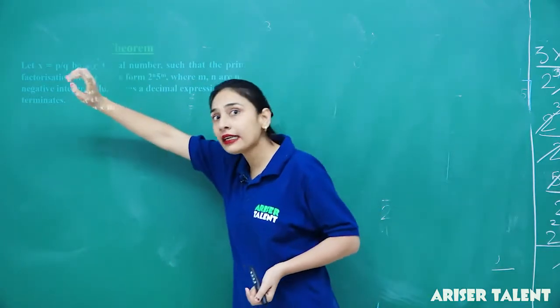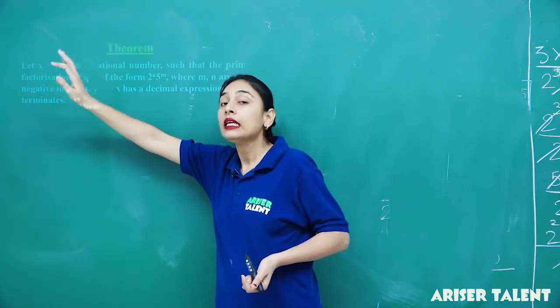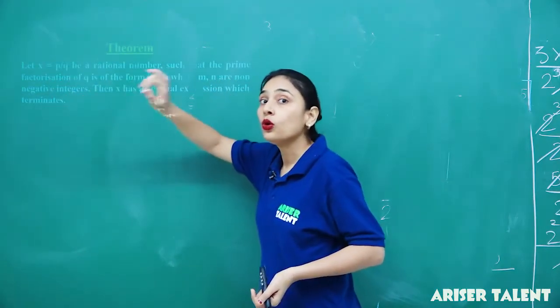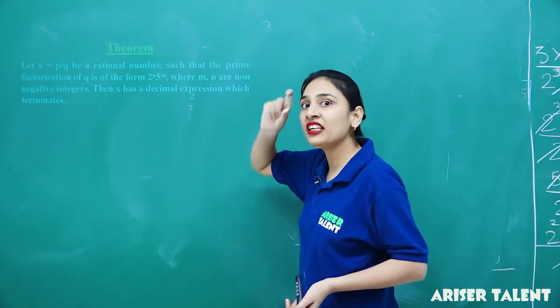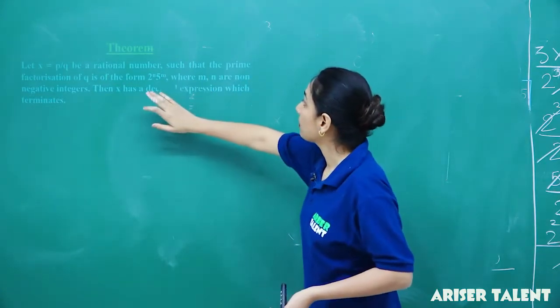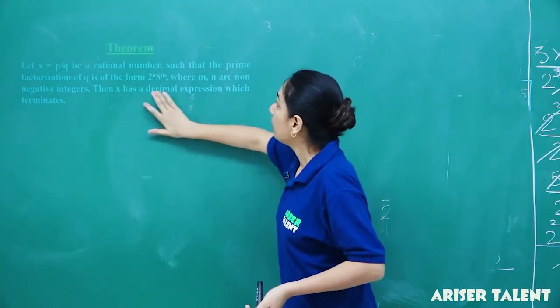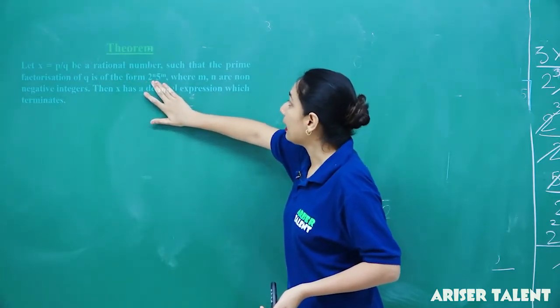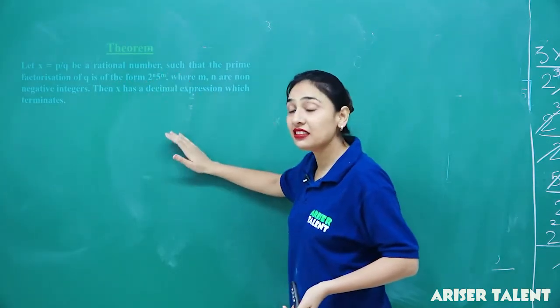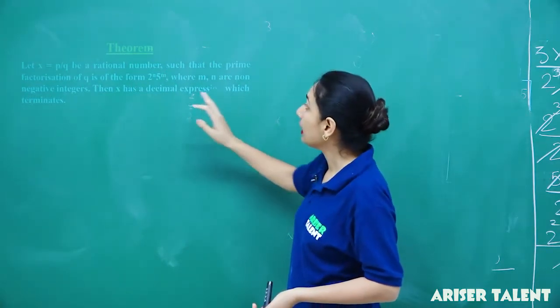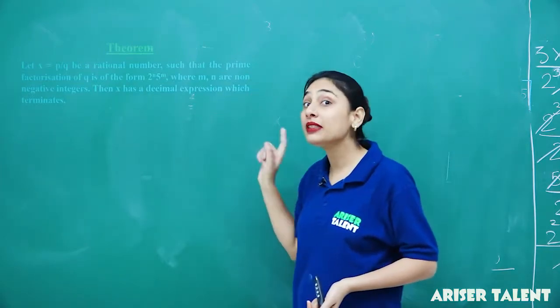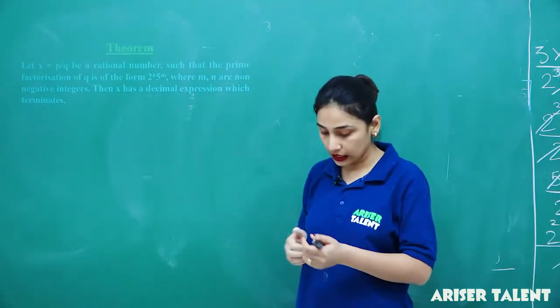So if we can convert a number into a form of P by Q such that the denominator Q has only 2 raised to power n and 5 raised to power m as its factorization, then only this expression x terminates, otherwise it does not terminate.